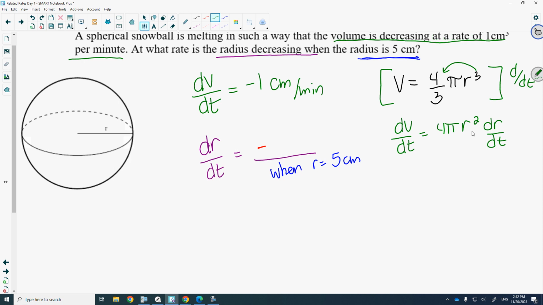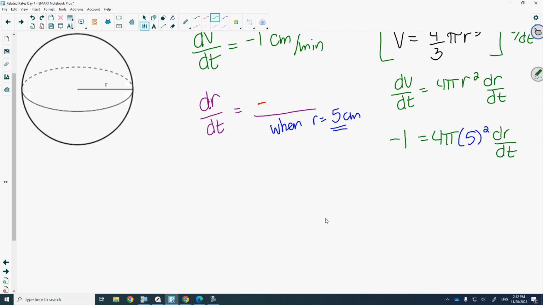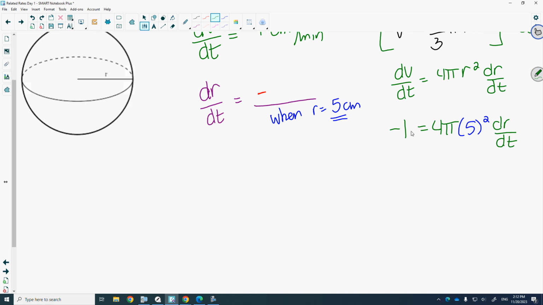So dv dt is -1, which is equal to 4 pi, and they want when the radius is 5, and then dr dt. I'm going to be dividing both sides by, what would this be? 5 squared is 25. 25 times 4 is 100. Do you guys agree that you divide it by 100 pi?